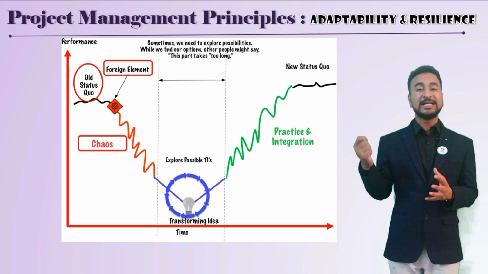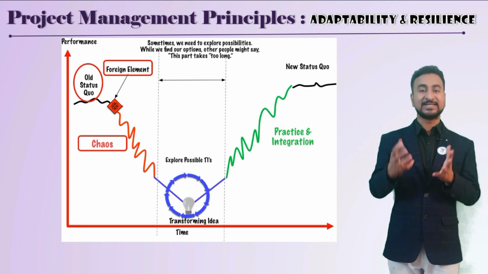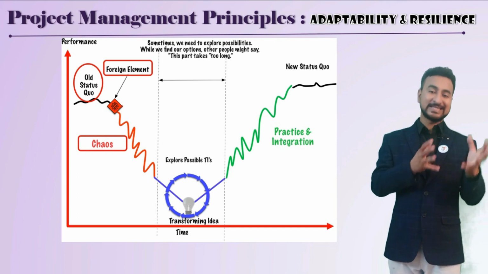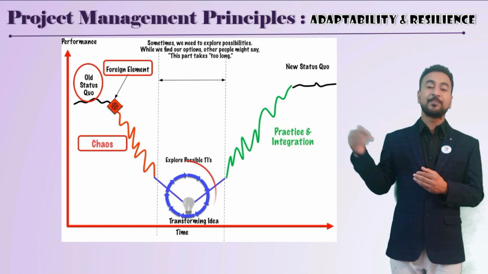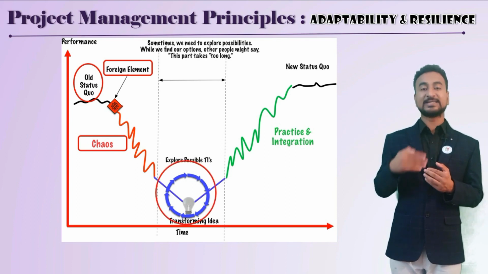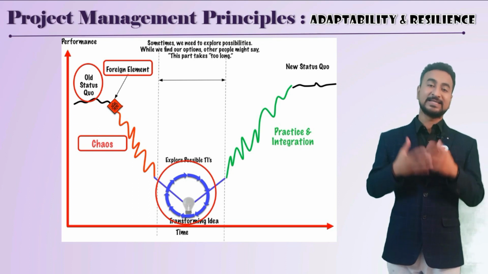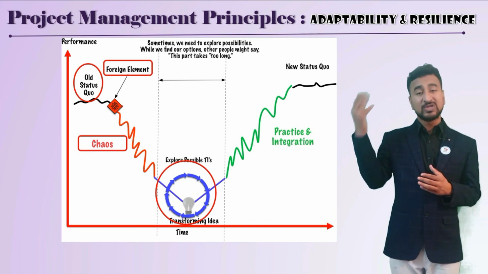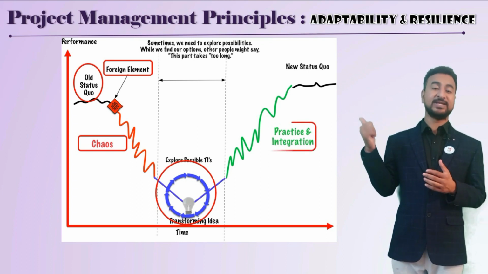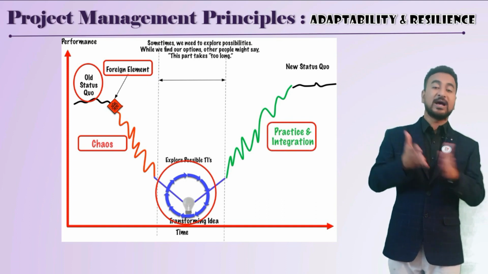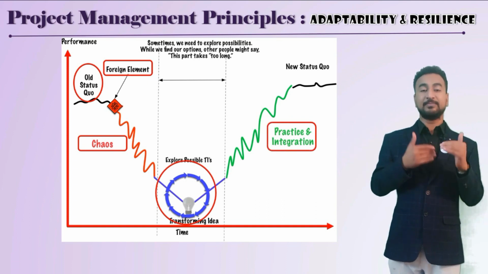So you adopt such ideas to recover from that setback, and you inculcate those ideas in terms of best practices or integration to achieve the new status quo, that, as you see over here, is better than the previous one.